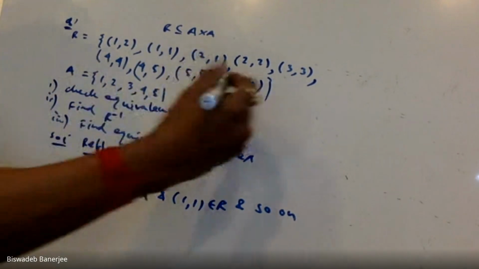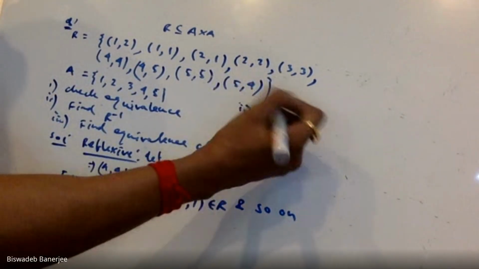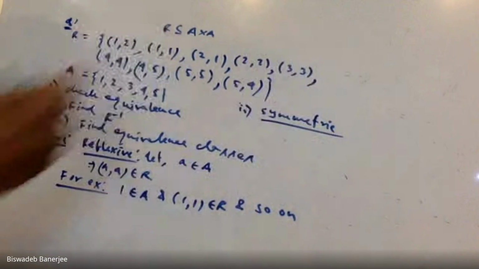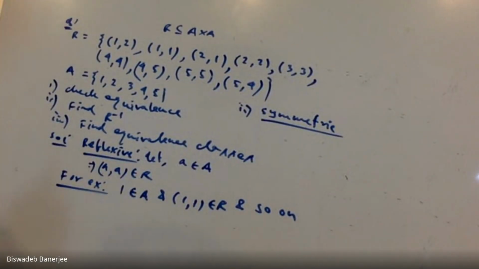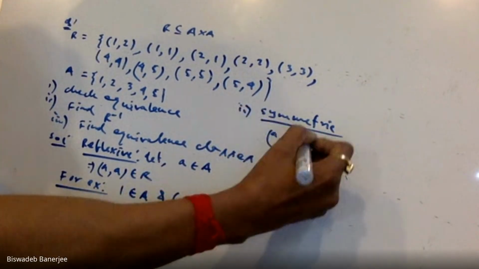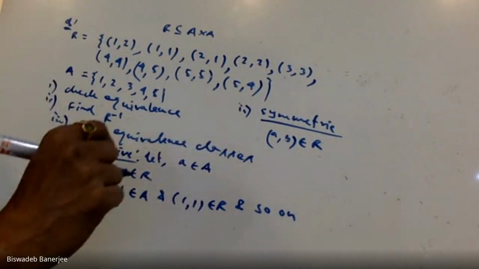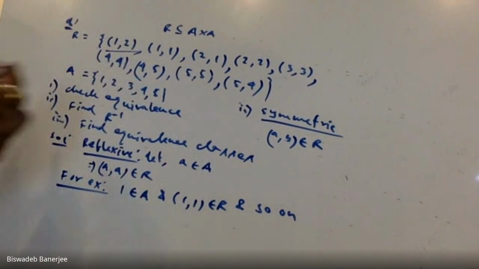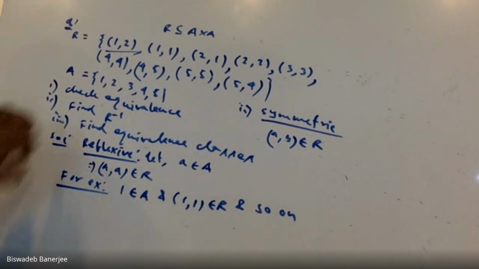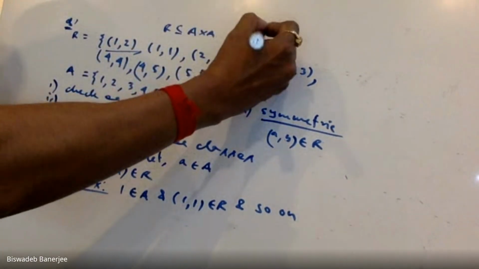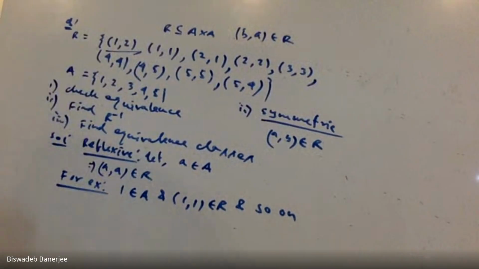Number two, next is symmetric. Whether this is symmetric or not, for this, take any two elements from this set, and let (a, b) belong to R. For example, let us take 1 and 2. 1 and 2 belong to A. Now, symmetric means what? (b, a) must be in the relation.